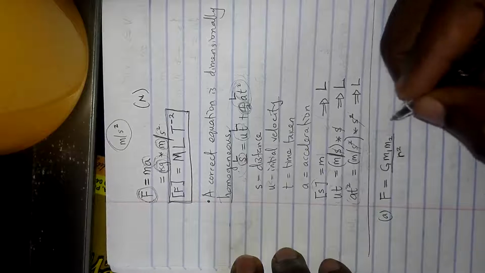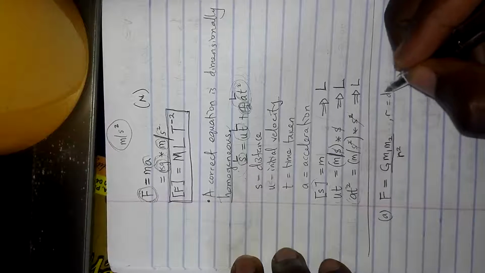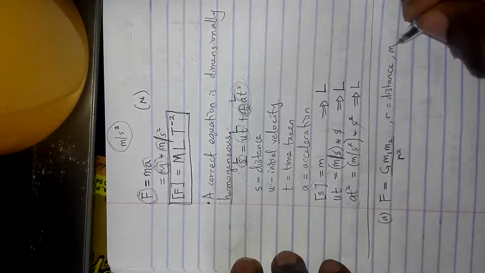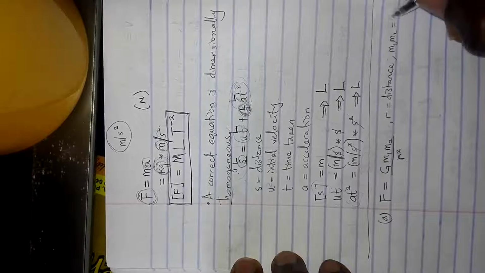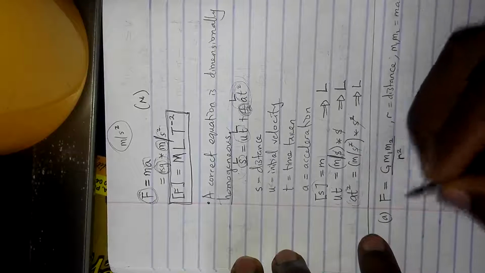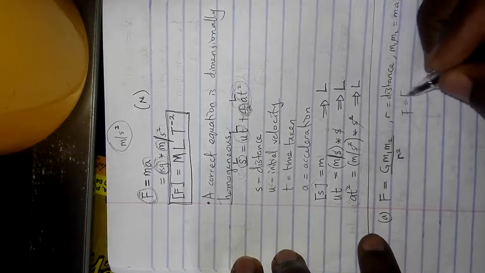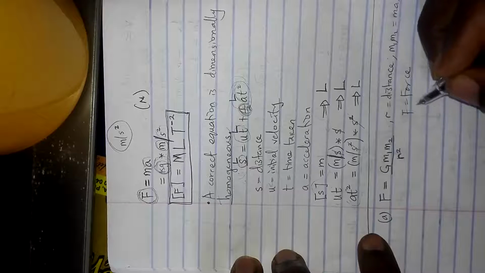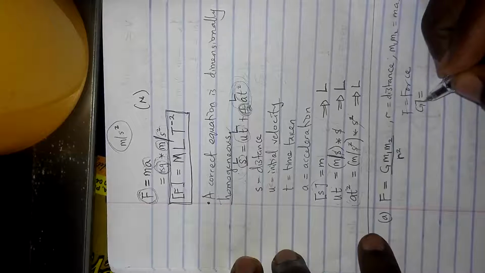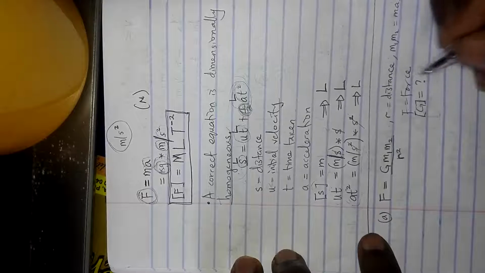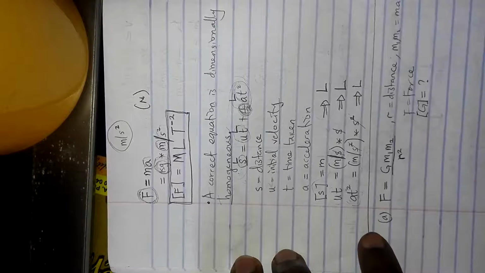So this r refers to distance, the distance between the centers of the objects, and m1, m2 refer to the respective masses of the objects. F is the force of attraction between them. So based on this, what unit or what dimension does G have to have? What is the dimension of G that will make this equation correct? So you can find out. Try your hands on this.